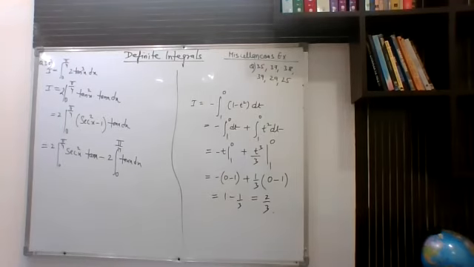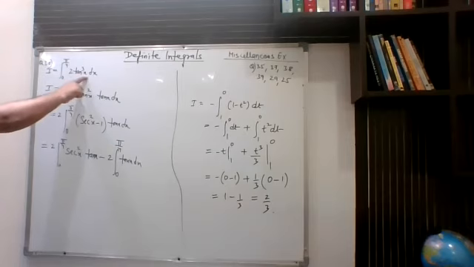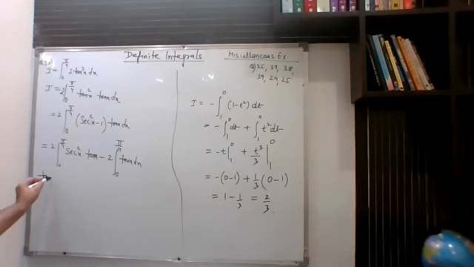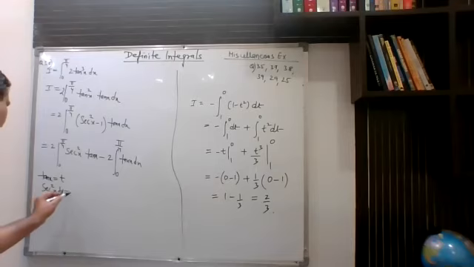Now after this, you have to integrate these two integrals separately. The first one can be done by the substitution method and the second integral is a direct formula. So I write tan cube as tan square x into tan x, and tan square x as sec square x minus 1, multiplied by tan x. Now for the first one, you will take tan x is equal to t. Its derivative is sec square x dx, that will become dt.